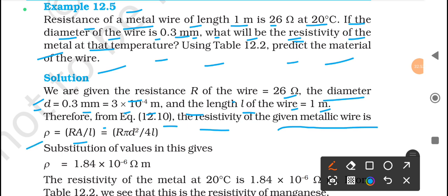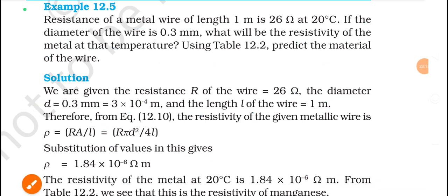Therefore, from equation 12.10, the resistivity of the given metallic wire is rho is equal to RA by L is equal to R pi d square by 4L. Substitution of values in this gives rho is equal to 1.84 into 10 to the power minus 6 ohm meter.